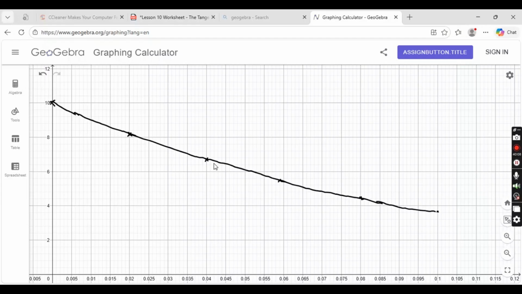We have to estimate the slope. Okay. How do we do that?